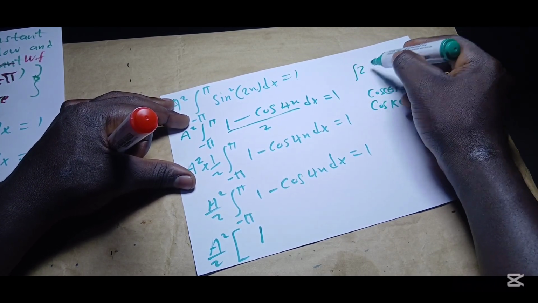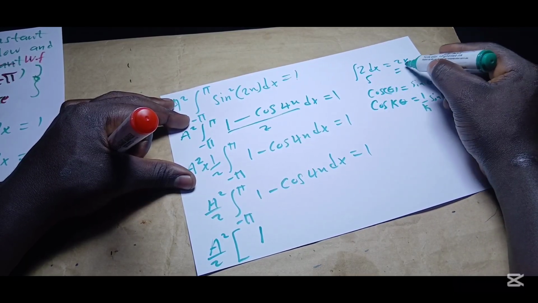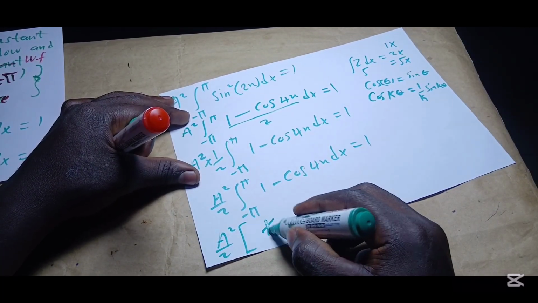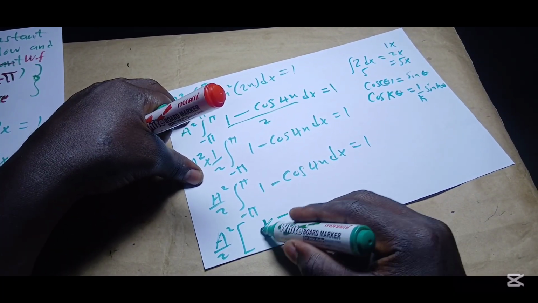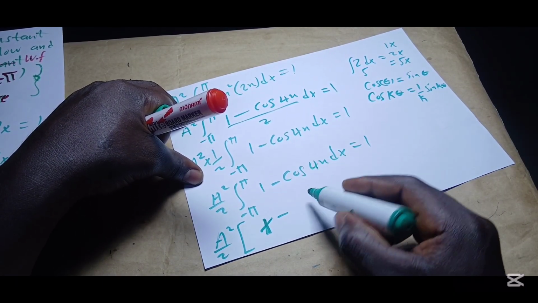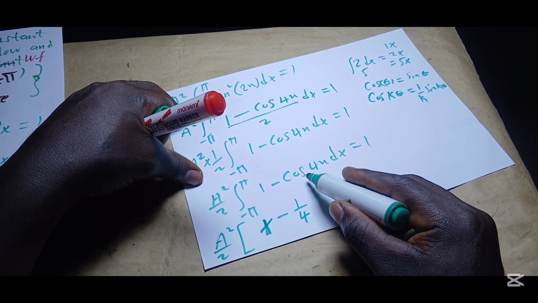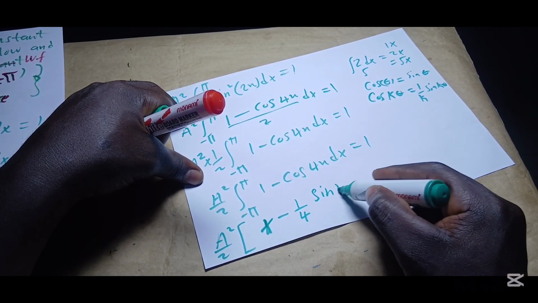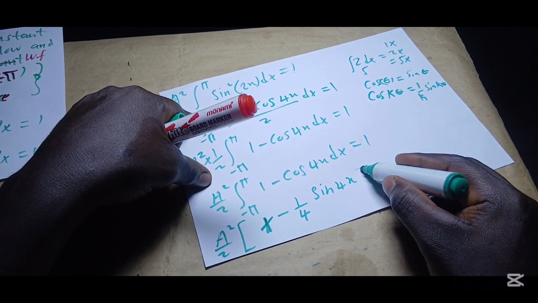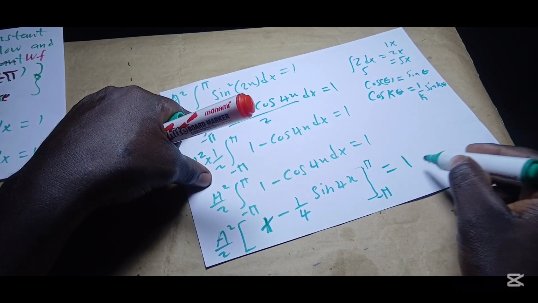Integrating 1 is going to give me 1x, which is the same as x. So this place becomes x. So minus, integrating this, we have a constant here, 4, we are integrating cos. Then it now becomes sine of everything here. The limit of integration is from negative pi to positive pi, to give us 1.